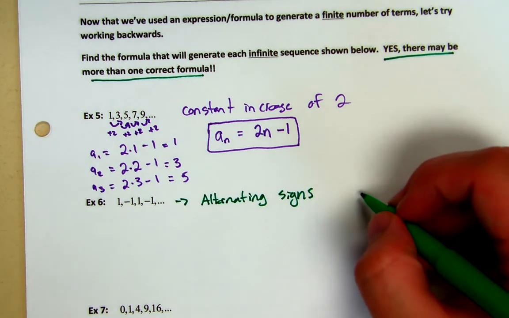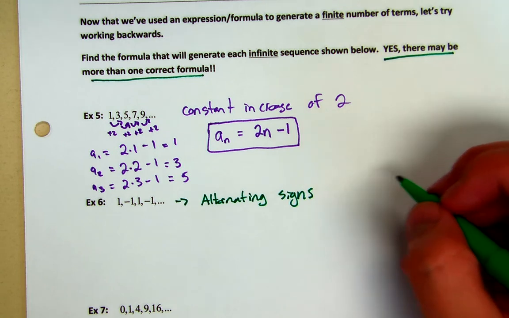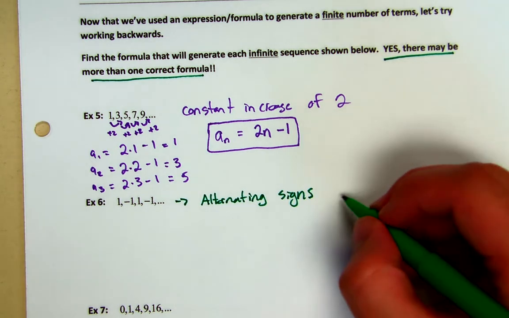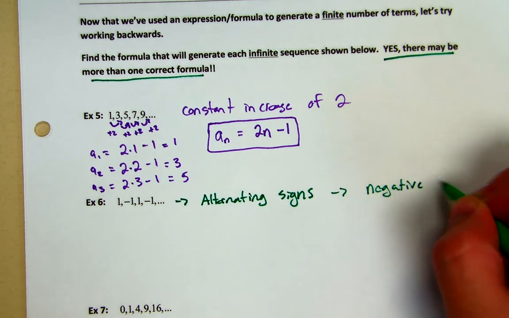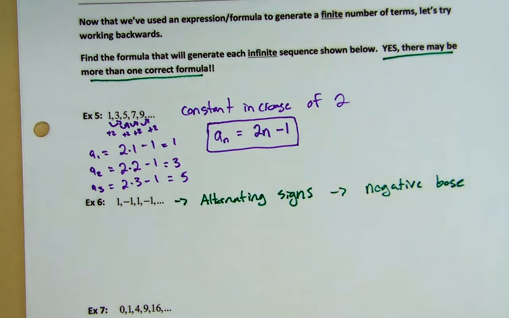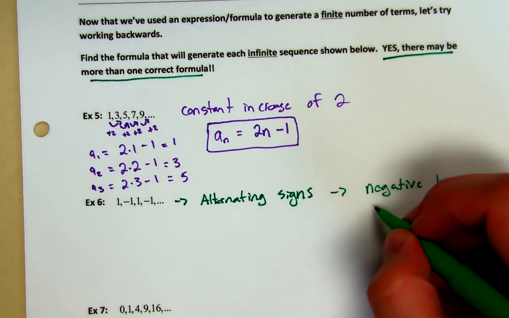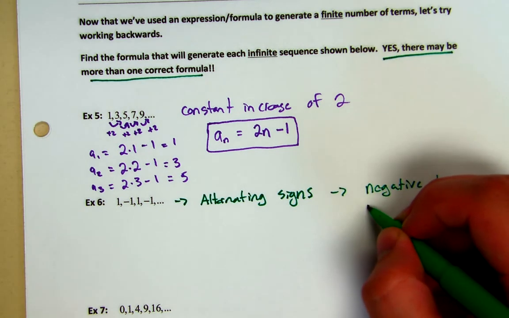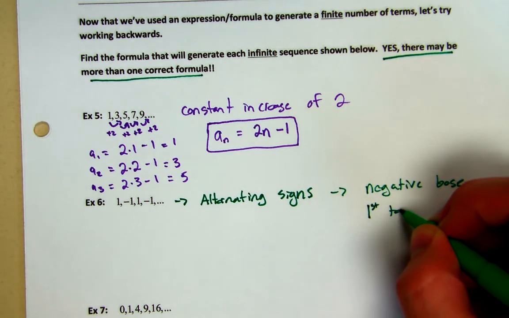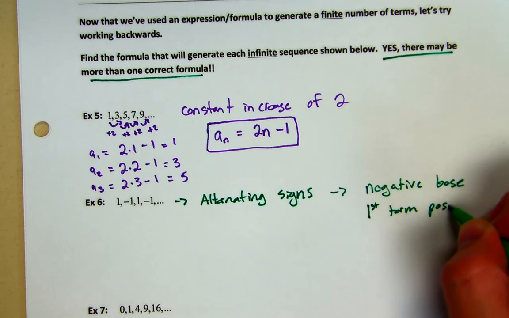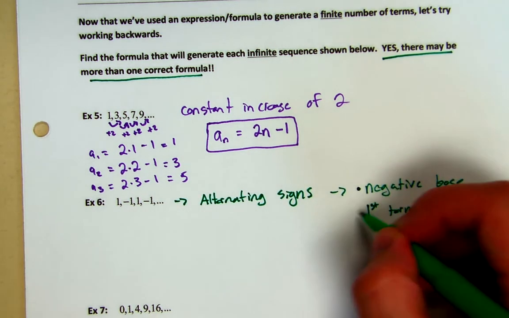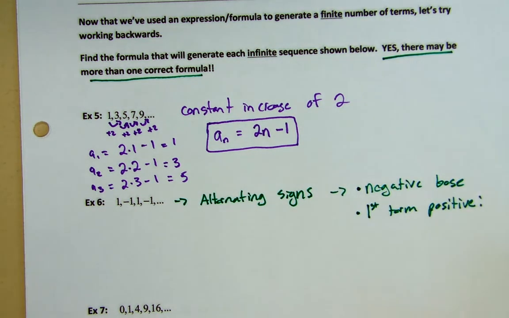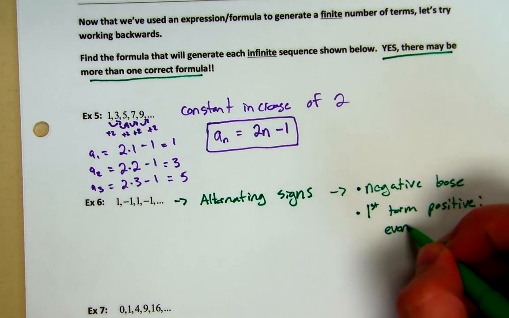So alternating signs, we need a negative base, and since the first term is positive, that would mean we need an even power to start with. So even power.